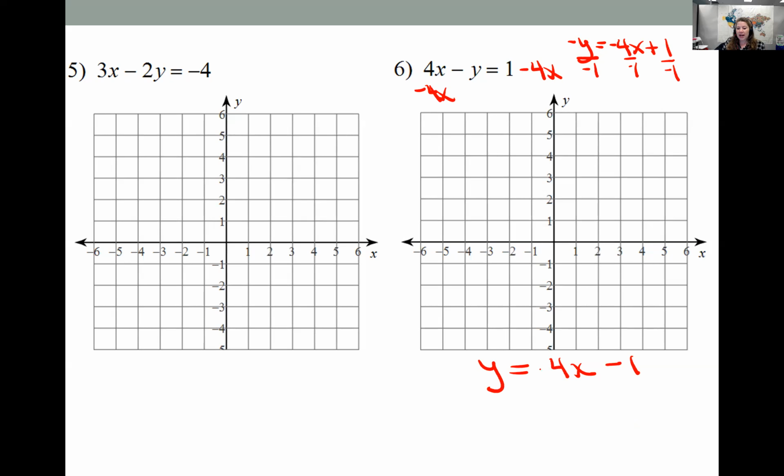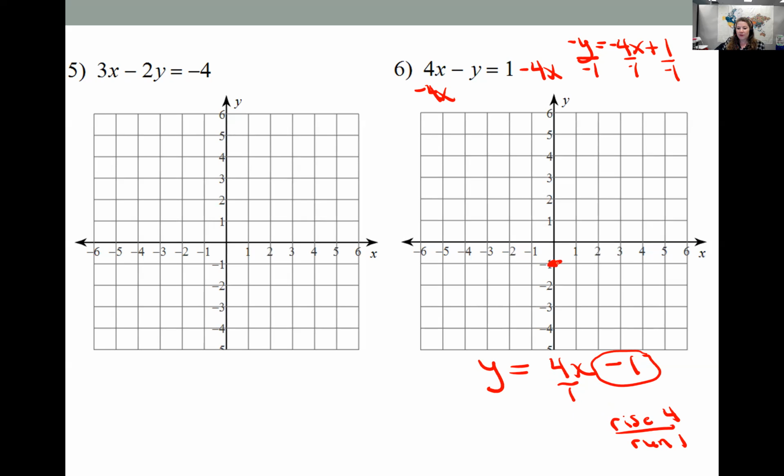All right, this isn't a fraction. Can we write 4 as a fraction? Sure we can, 4 over 1. So our rise is 4. And our run is 1 and it's positive. So we're going to go up and to the right. But where do we start? We start at 0, negative 1. We start at our y-intercept.